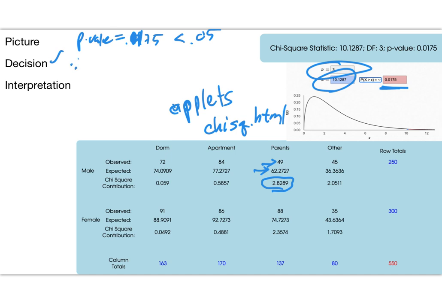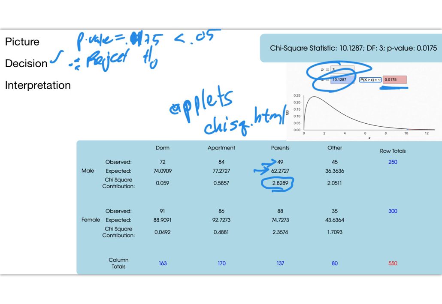Therefore, reject the null. My interpretation: there is significant evidence to show that the distribution of living arrangements is different between the males and females.